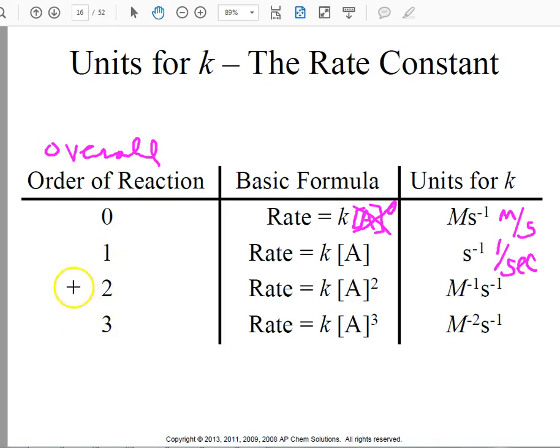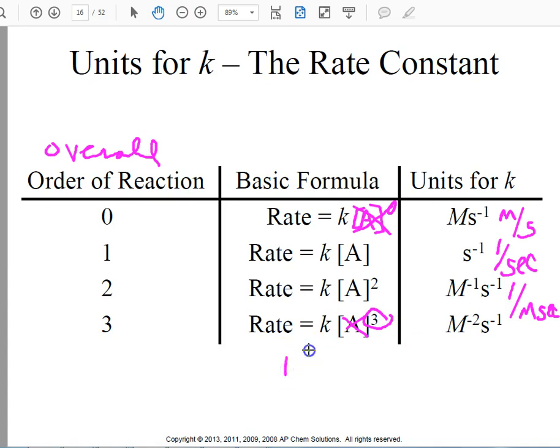If your order is 2 overall, like rate equals K times A to the second, then your units would be 1 over molarity on the bottom now, and seconds still on the bottom. And then if your overall order is 3, which it couldn't be 3 for just A, they're just using this as an example. So this would be if A was 2 and B was 1, for example. Your overall is 3. Then this would be the units for K. Right? They ask you for the units on K a lot. So this table is just helping you to figure them out. If you know your overall order, then you can figure out your units on K.